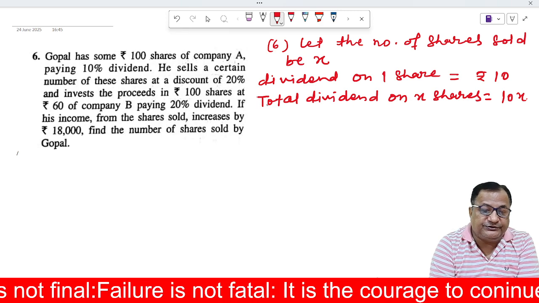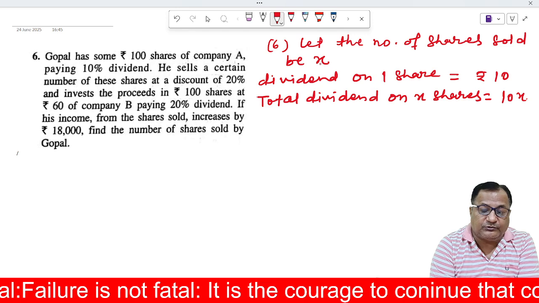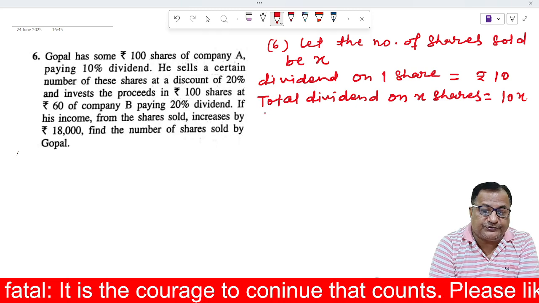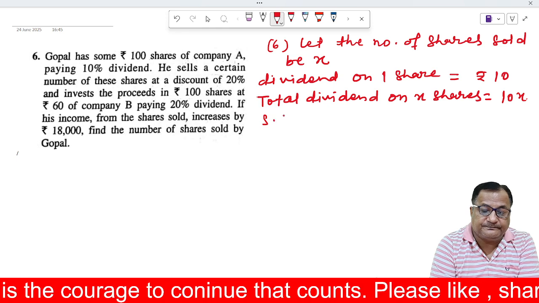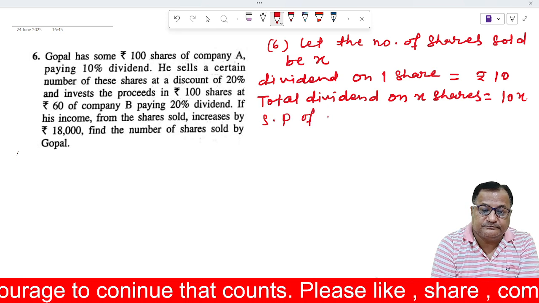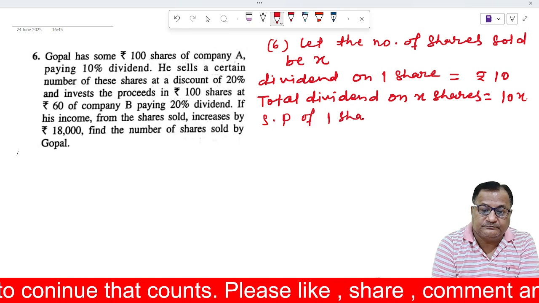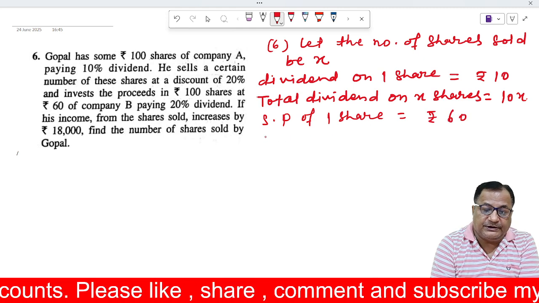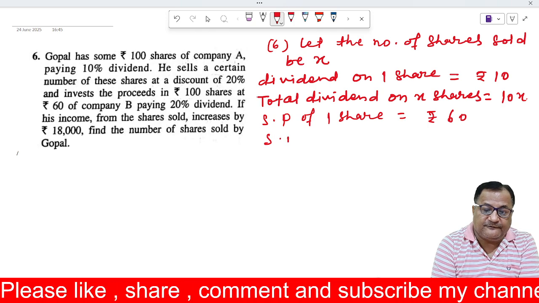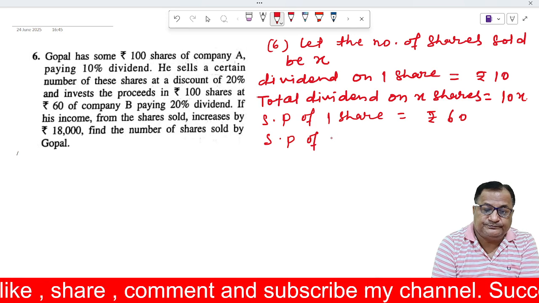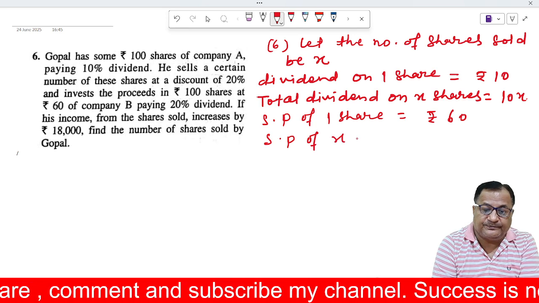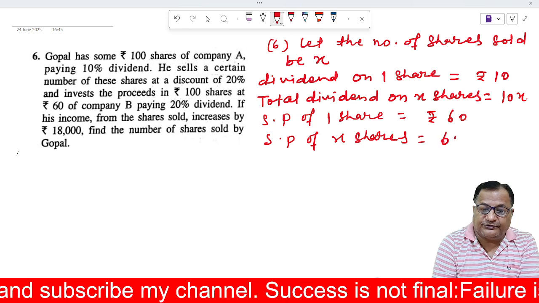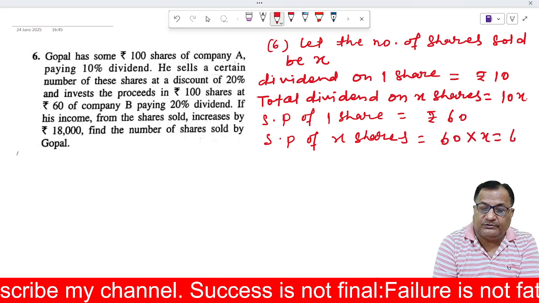Now, he has sold X shares. The selling price of 1 share, at a discount, is rupees 80. Then the selling price of X shares is 80 into X, equal to 80x.